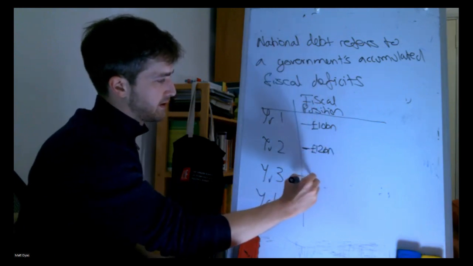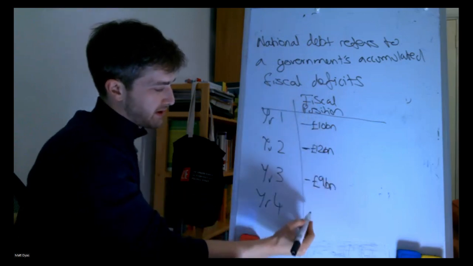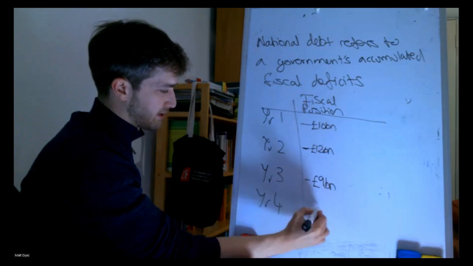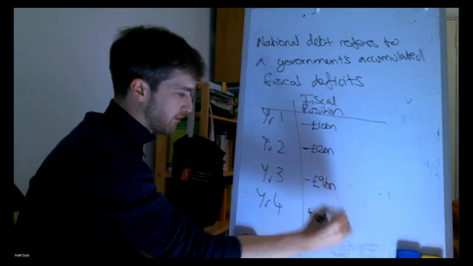And then let's say in year 3, they brought down the deficit a bit, maybe they decided to increase taxes. And then in year 4, let's give them a surplus of 3 billion.